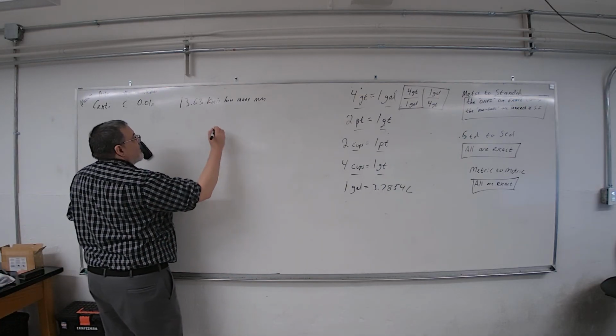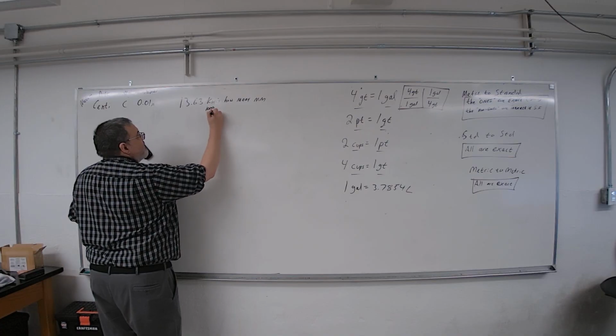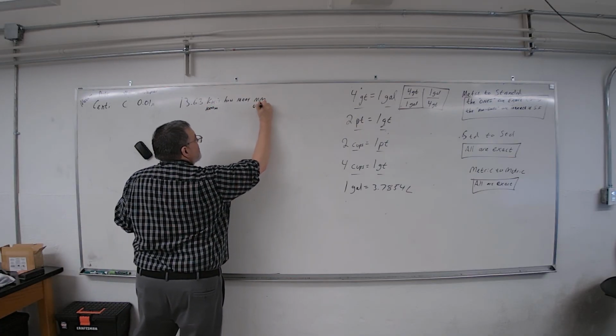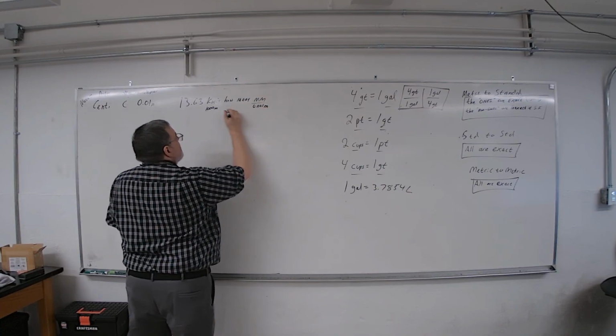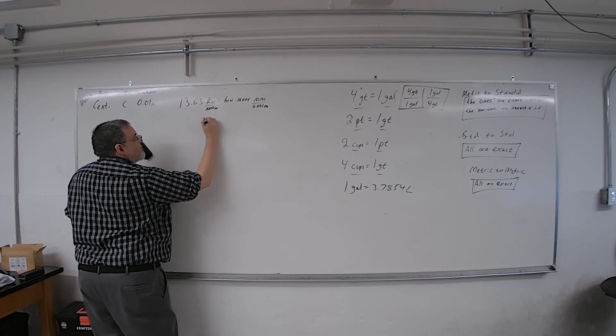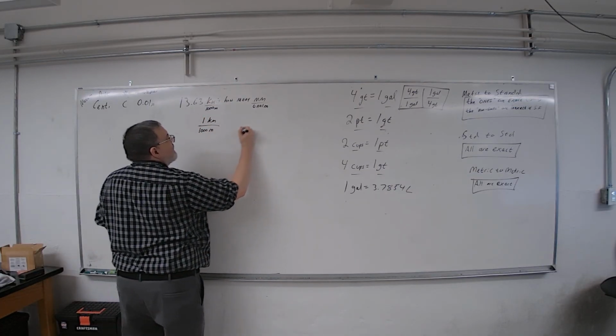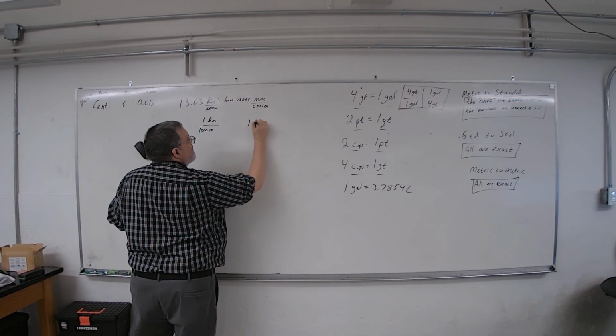So you look at the chart and you go, the multiplier is 1,000, and that goes with meters. The multiplier for this one is 0.001, and that goes with meters. So you've got millimeters and kilometers. That means 1 kilometer is 1,000 meters, and this means 1 millimeter.